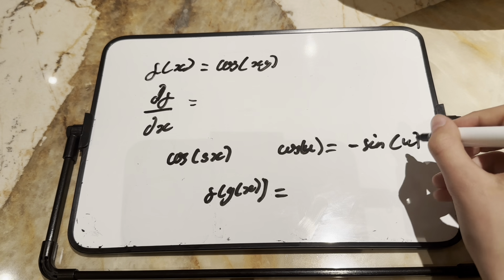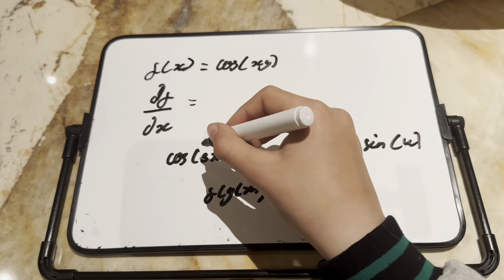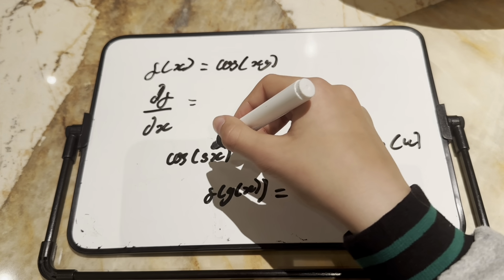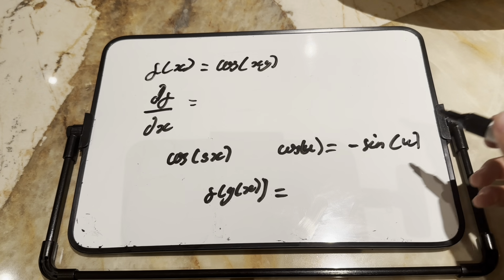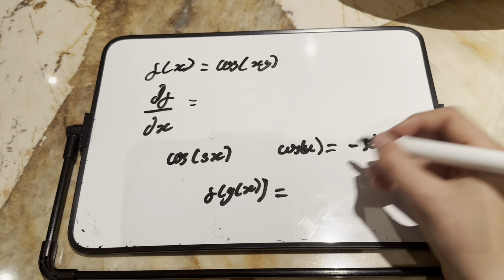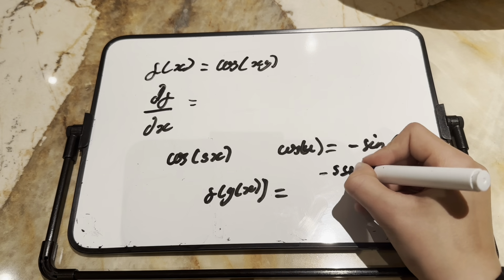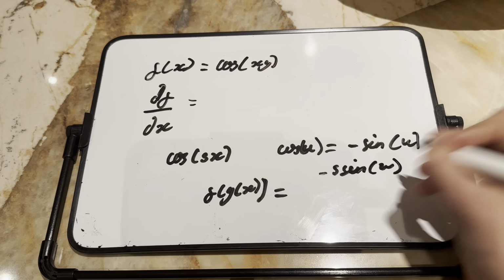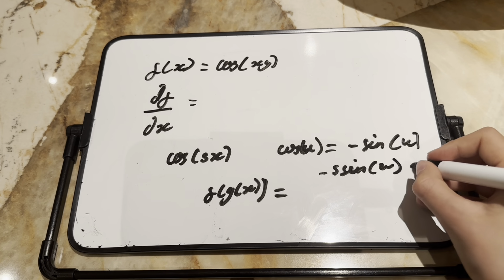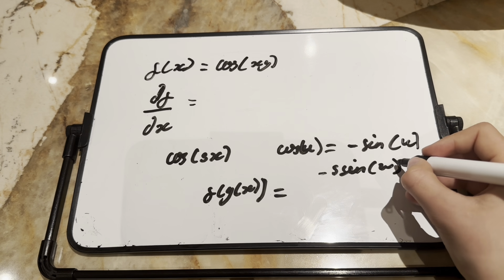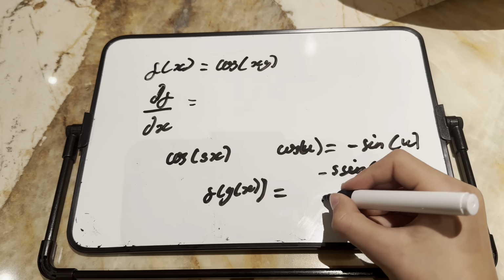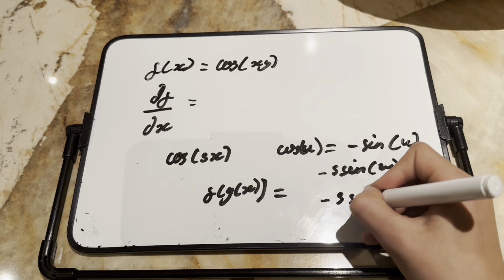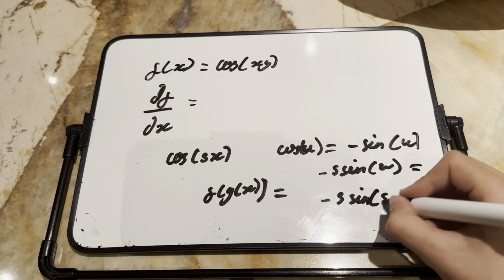Next, we see what the derivative of 5x is. It is just 5. So now we have negative 5 sine of u. And we replace u with 5x, so we get negative 5 sine 5x.